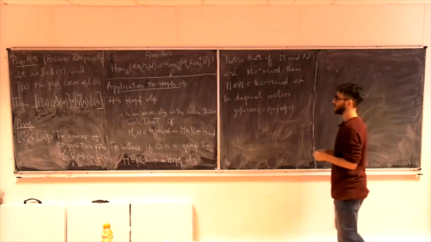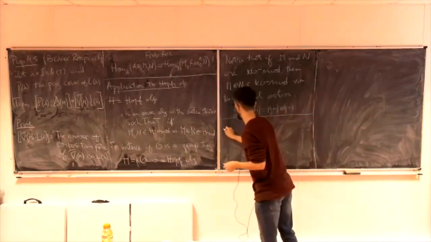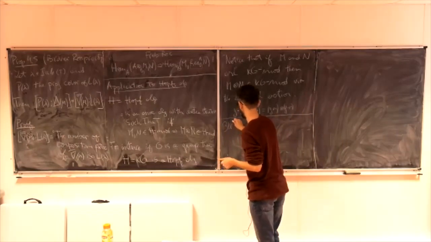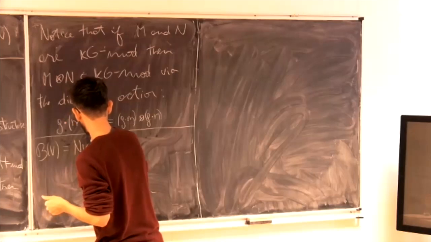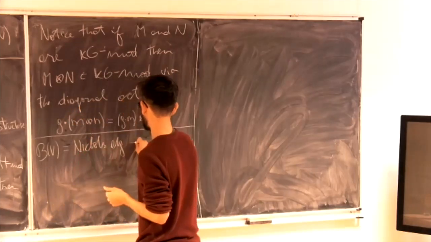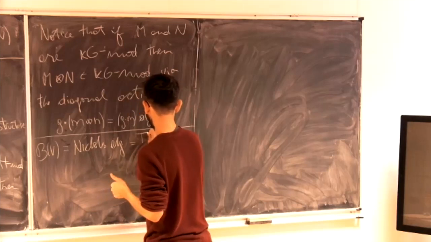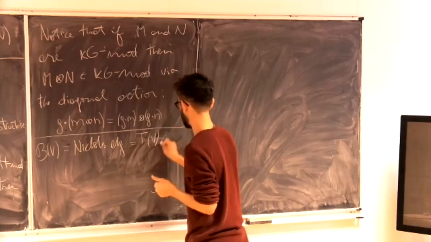These are Hopf algebras. And there are other important algebras which appear with Hopf algebras, which are Nichols algebras, which are a certain quotient of the tensor algebra of a vector space.